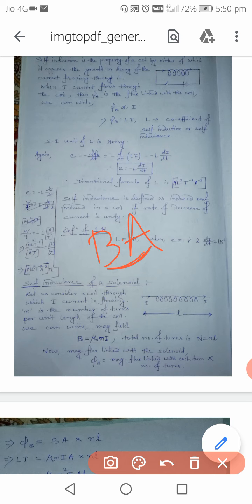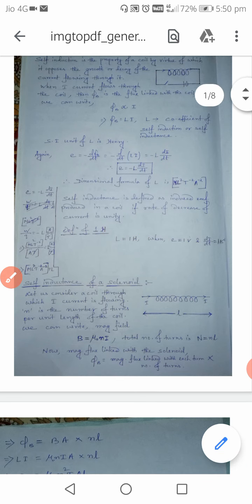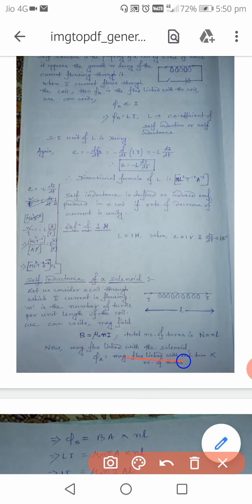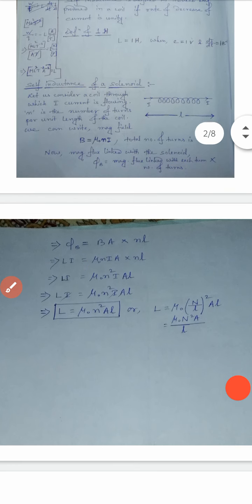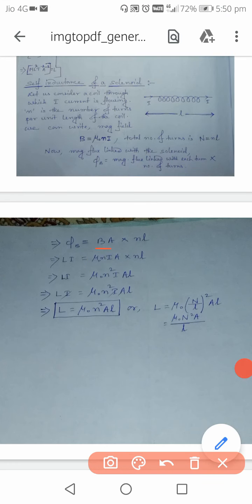If it is in the same direction, the angle will be 0 degrees, so B dot A becomes equal to BA. So in place of magnetic flux we'll write BA. That's what we have written here, into the number of turns, capital N, which equals nl. Now this B we are substituting here, and A, like A only.